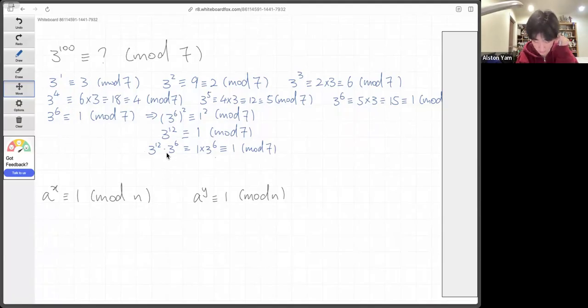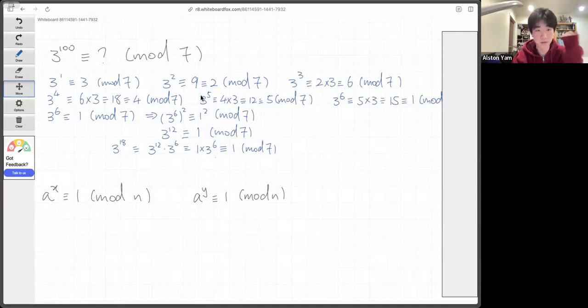So on the left we have 3 to the 18 is congruent to 1 mod 7. That's pretty cool. If you see the pattern, 3 to the 6 is 1 mod 7, 3 to the 12 is 1 mod 7, 3 to the 18 is 1 mod 7. So you might guess, what if all the multiples of 6 in the exponent give 1 mod 7?